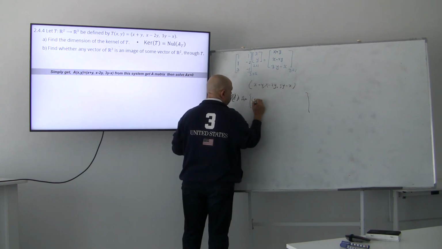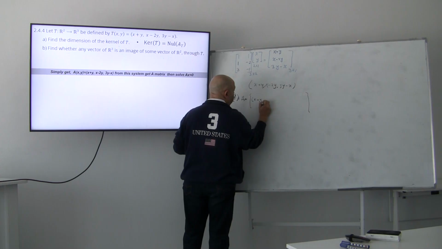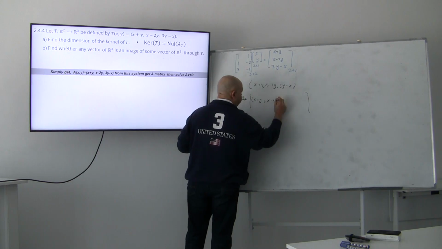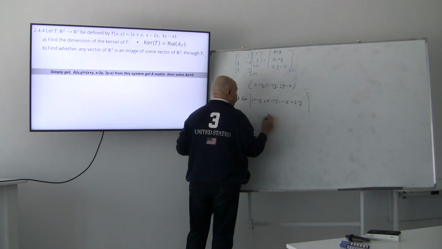This is x plus y, and this is x minus 2y, and let's reorder this one, which is going to be negative x plus 3y.